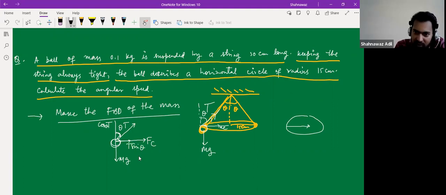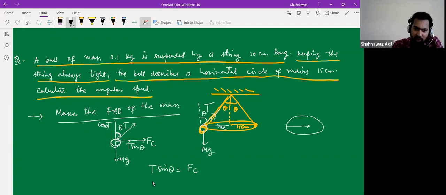Okay, so this T sin theta will be equal to what? To balance this centripetal force, T sin theta will be your FC, right?